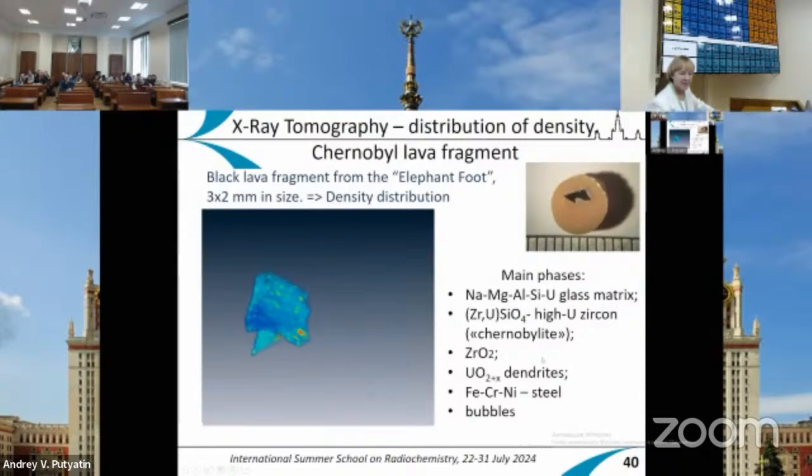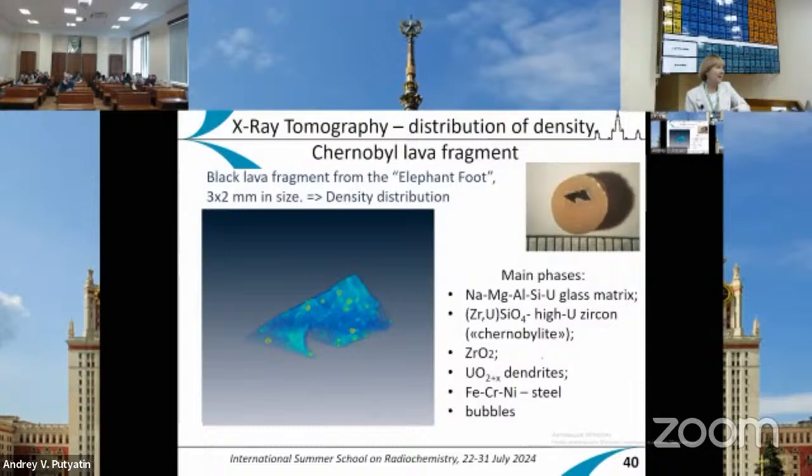This is a sample of Chernobyl lava, and it has a very heterogeneous composition. It is a silicate glassy matrix in which we can find different kinds of crystals like high-uranium zircon, chernobylite, zirconia, and uranium oxide dendrites, and some stainless steel bubbles.